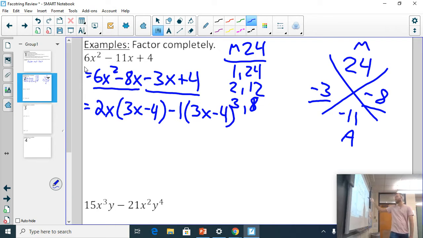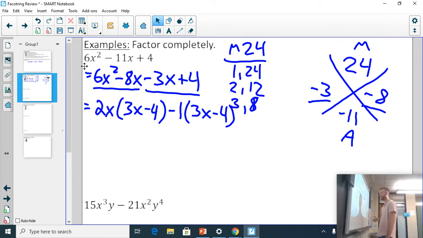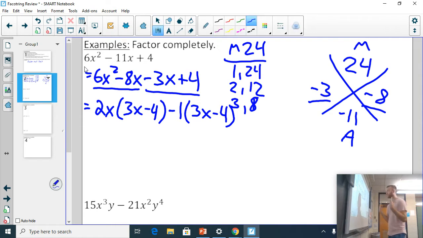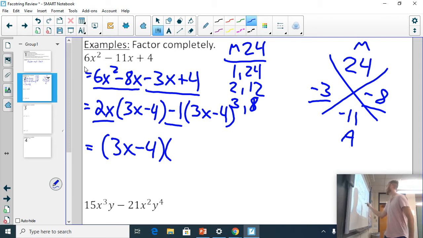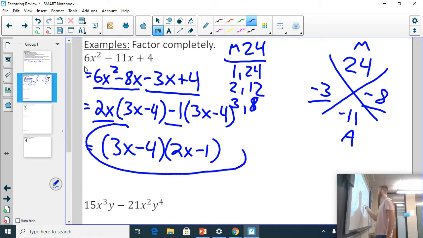Because negative 1 times negative 4 is going to be positive 4. So now we have 3x minus 4 and 3x minus 4 matching, which is good. So we can treat that like a single number, and we can pull out that entire 3x minus 4. And then what we're left with is that 2x and minus 1. And that is our final factored form.